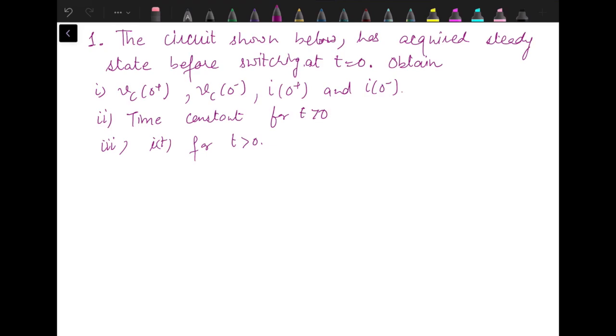The circuit has two different positions, position 1 and 2.